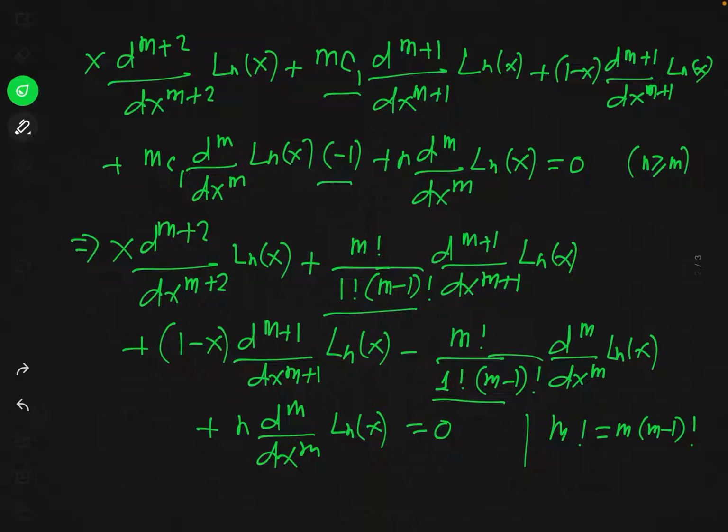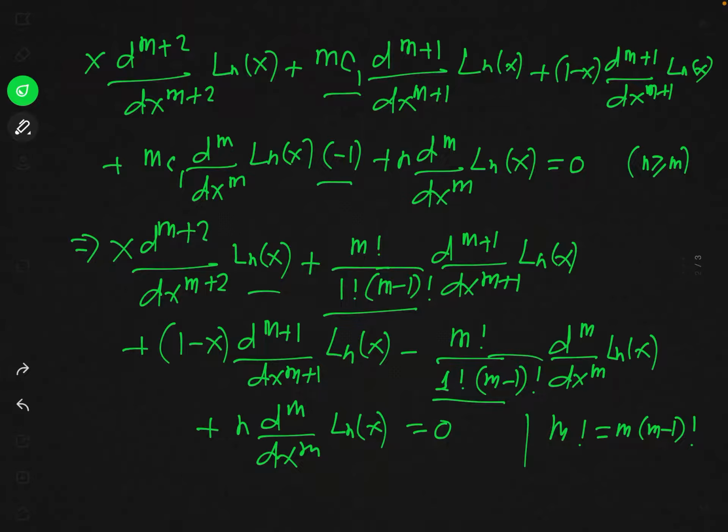You can see this will be x d^(m+2)/dx^(m+2) operated on ln of x, and all the terms containing the m plus 1th order differentiation will be now associated.